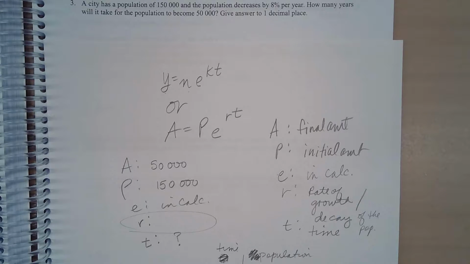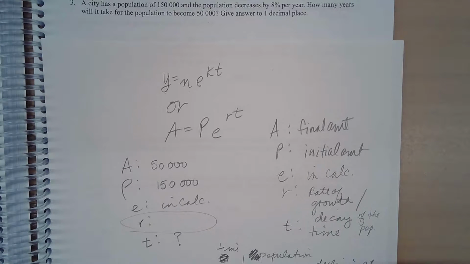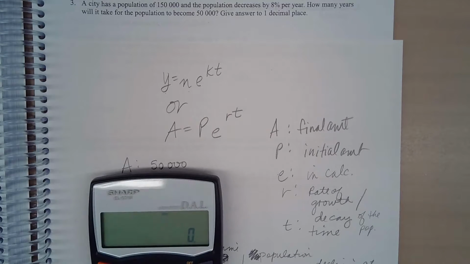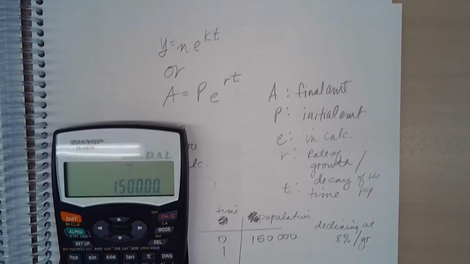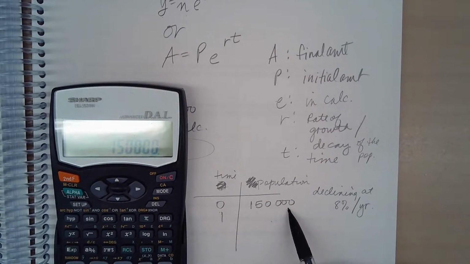13,000? That's how many people will be left? It's declining at 8% per year. How did you find 13? What did you do? If I'm just doing a table of values, I started off with 150,000.